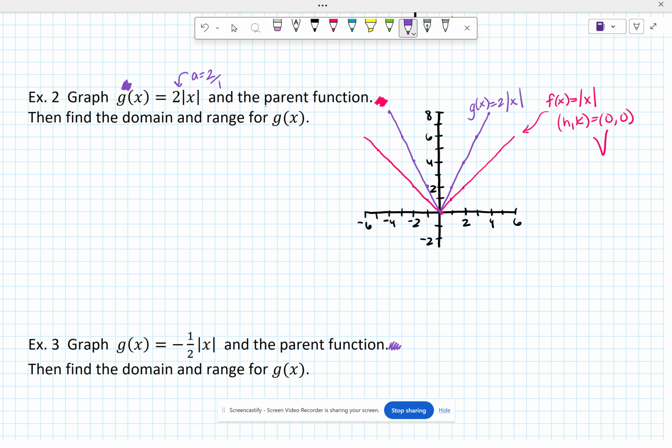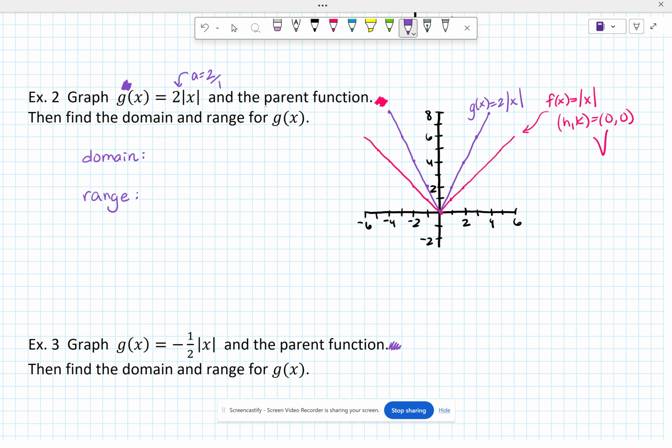All right, we haven't talked about domain and range for absolute value function, but it's just about the same as it is for quadratics. So let's talk about it now. Now we are specifically talking about the domain and range of g of x, which is the one that I have graphed in purple. So for an absolute value function, domain is what happens to the graph according to x, so left and right.